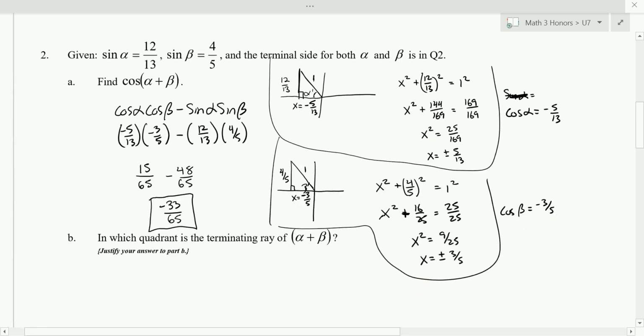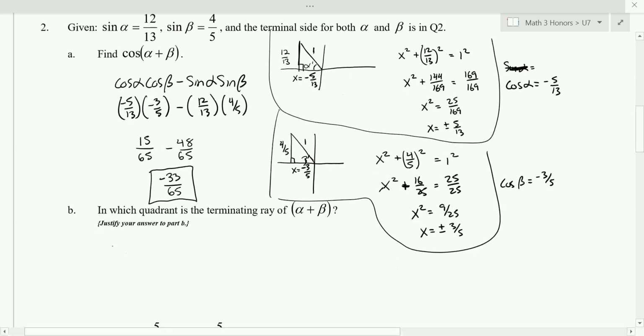So then part B is saying, well, what quadrant is alpha plus beta in? So we need one more piece of information. We can find the tangent or we can find the sine. Either one would work. It's easier to find the sine. So we'll find the sine of alpha plus beta. We've done all the work already to find the cosine of alpha and beta, so we don't have to do that again.